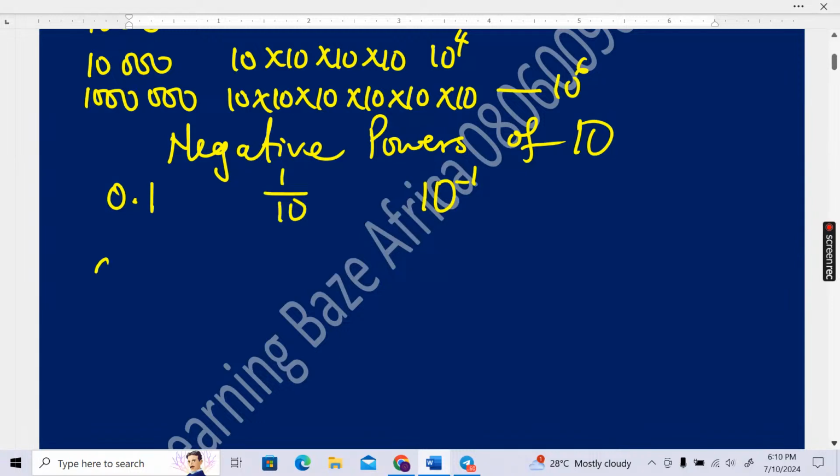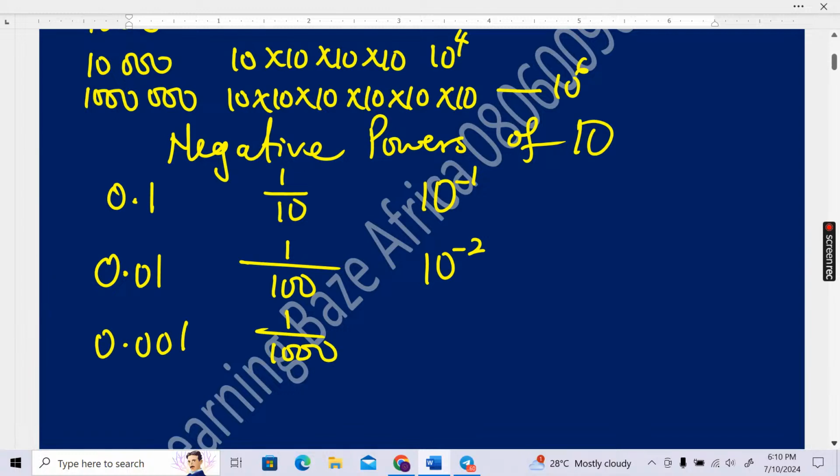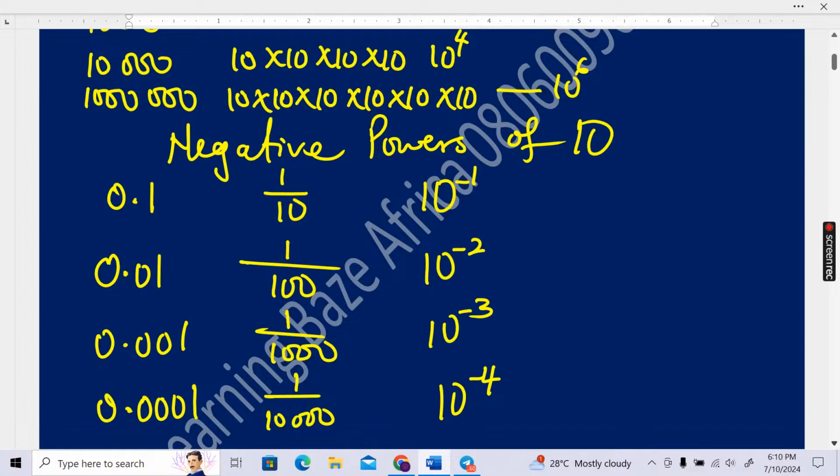Okay, so we can also have 0.01, and that means 1 over 100, or 1 over 10 times 10. So that will be 10 raised to power minus 2. 0.001, that's 1 over 1000, and that is 10 raised to power minus 3. 0.0001, that's 1 over 10,000, and that is 10 raised to power minus 4.